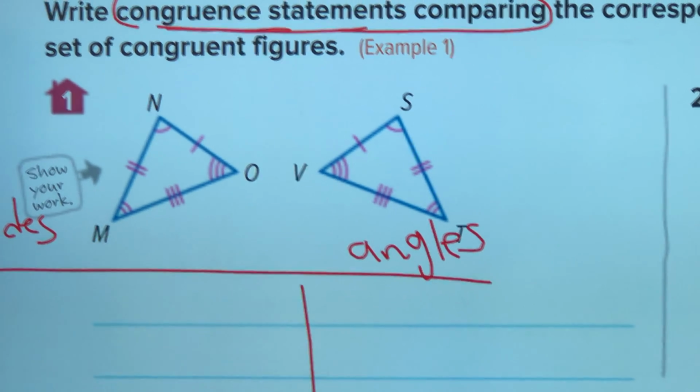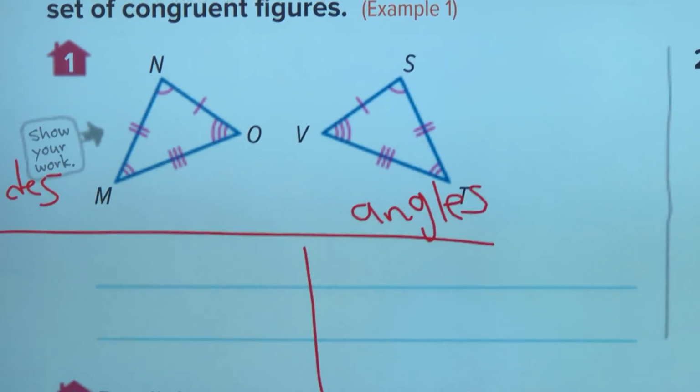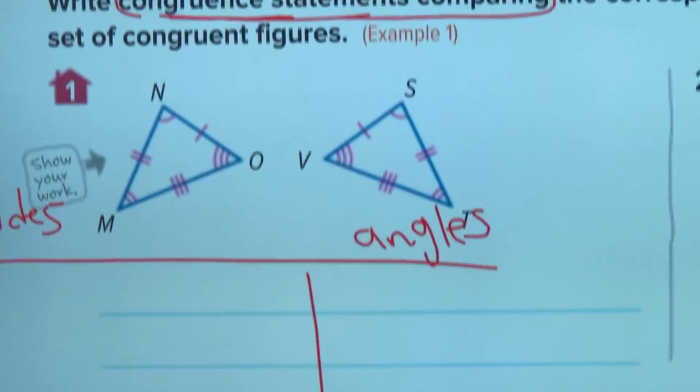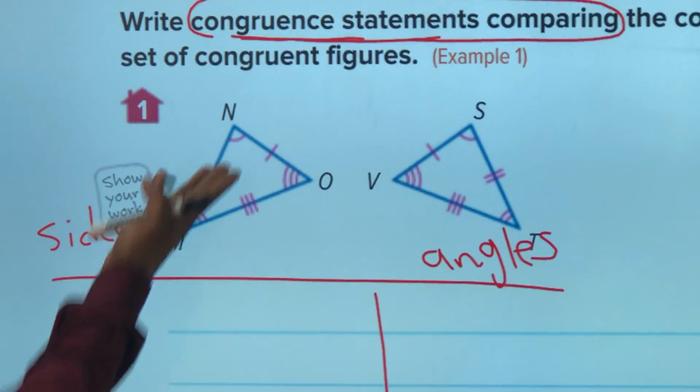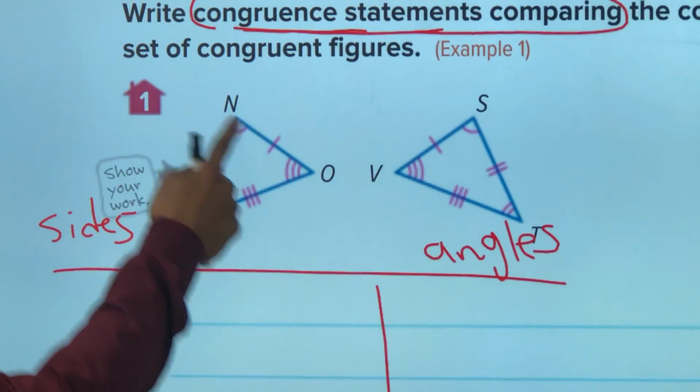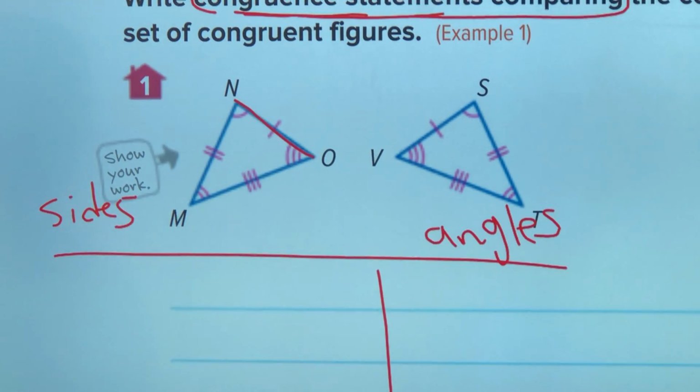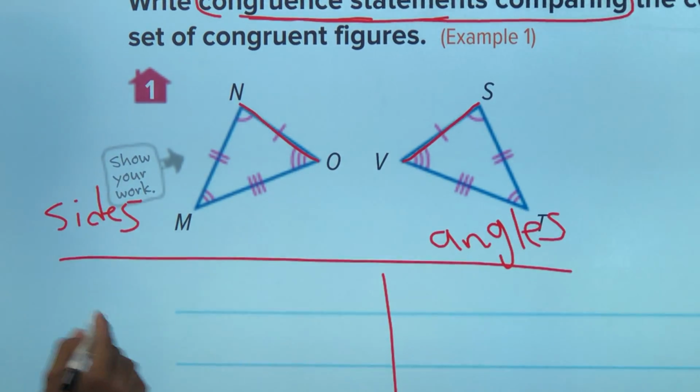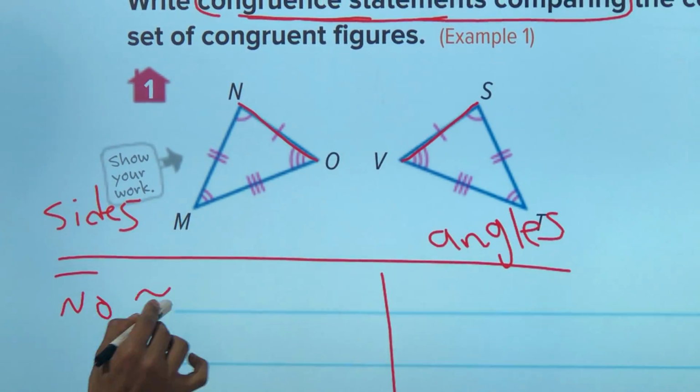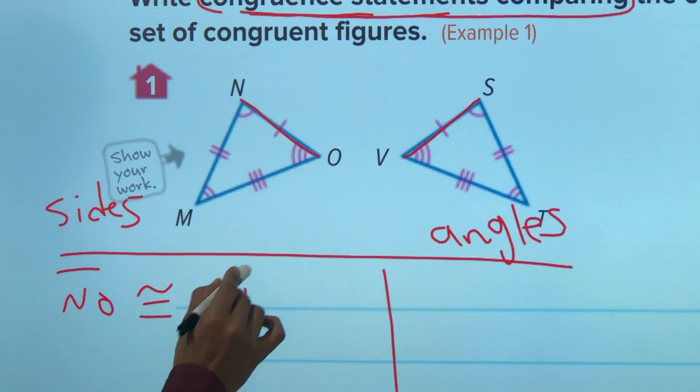Good. So start from sides and follow the directions here, as you can see. So NO equals SV. NO is congruent to SV.